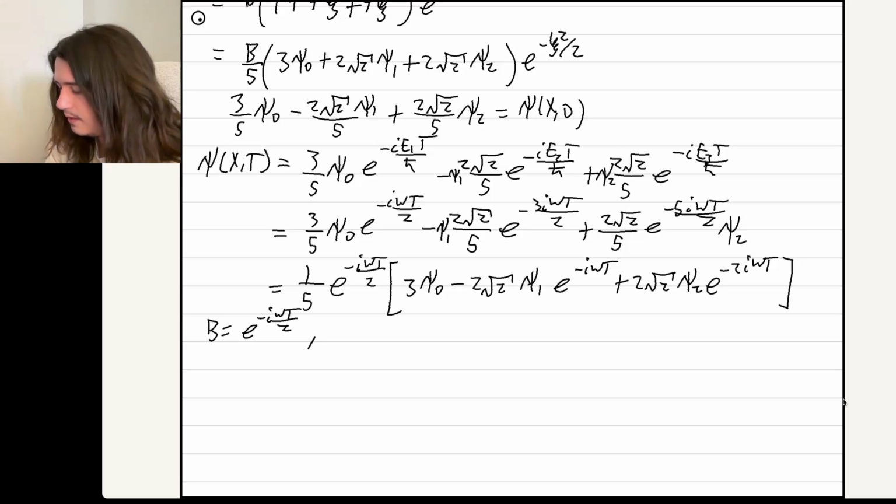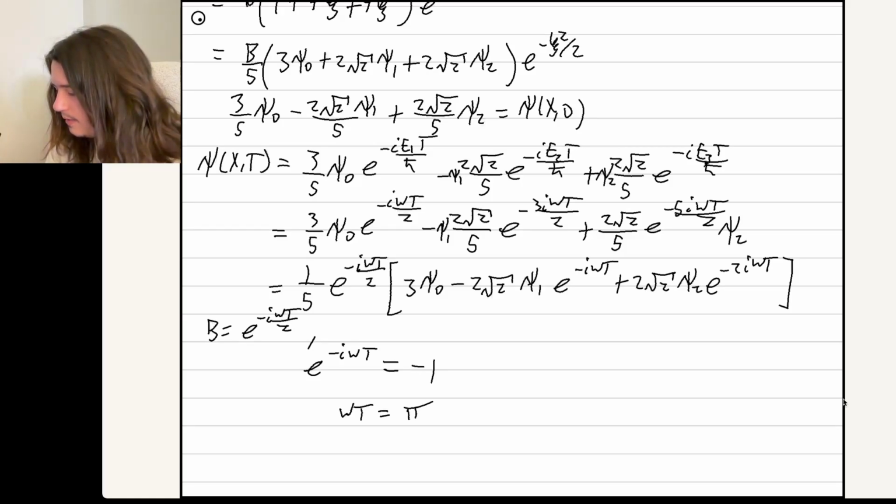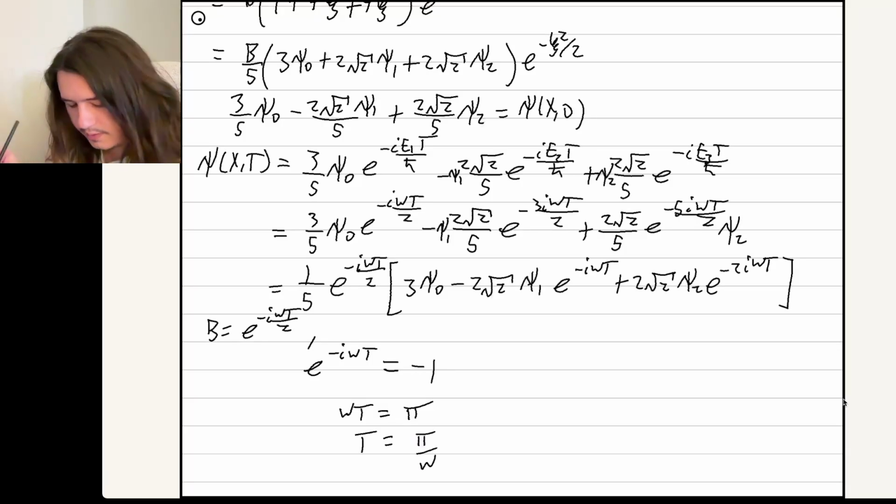And e to the minus I omega capital T has to be equal to minus 1 for this to be true. And so minus 1 just represents a half cycle, and then the lowest half cycle is just pi. So it looks like T equals pi over omega. Okay.